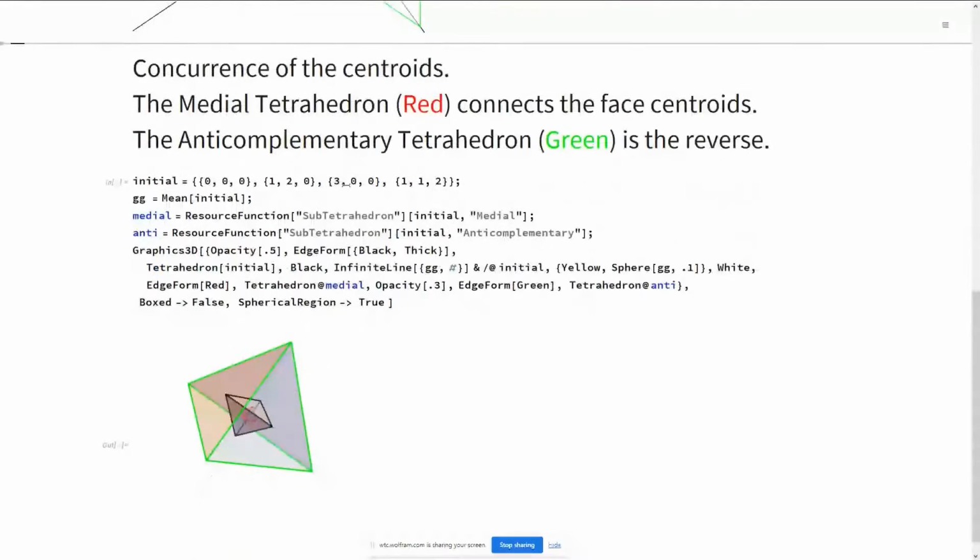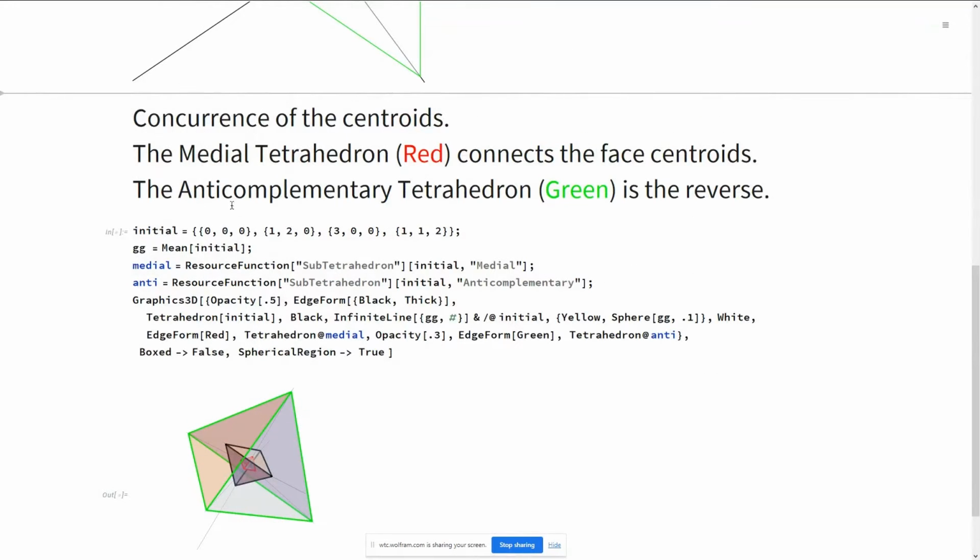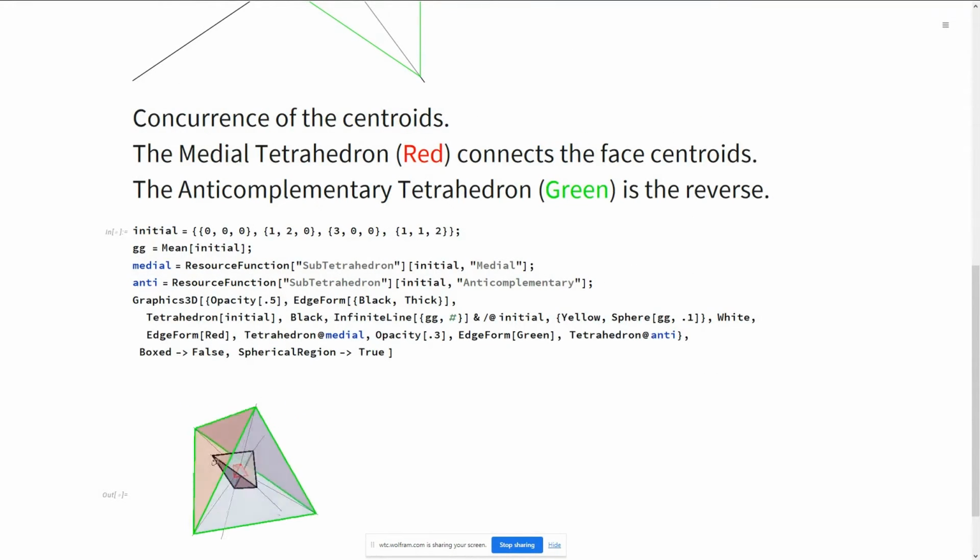The concurrence of the centroid also happens in 3 dimensions, and the medial points for the faces are the centroids. So if you connect up the centroids of a tetrahedron, you get the medial tetrahedron. You can also do another anti-complementary tetrahedron in green here.